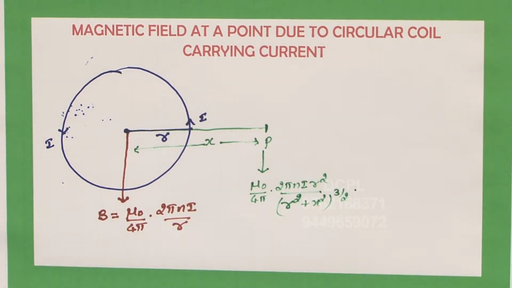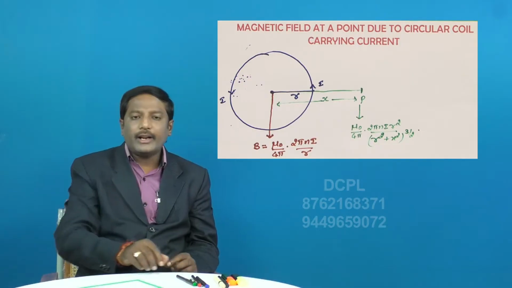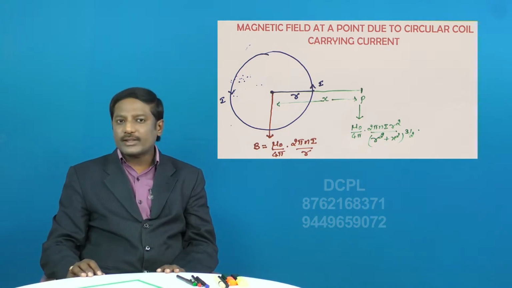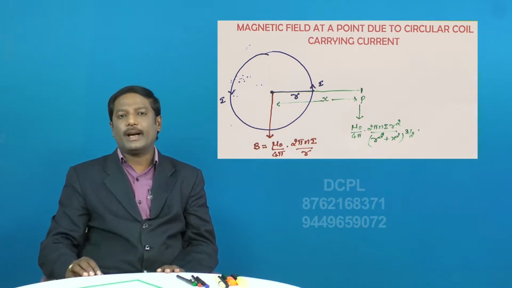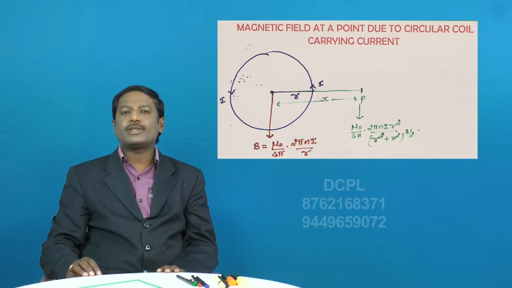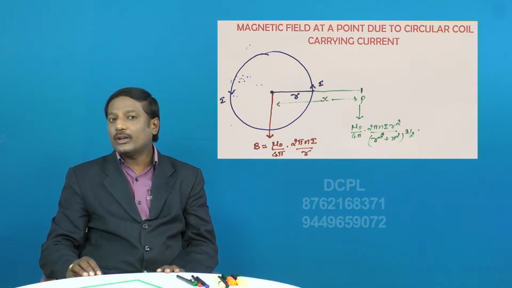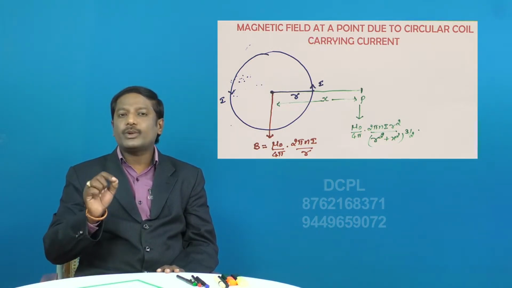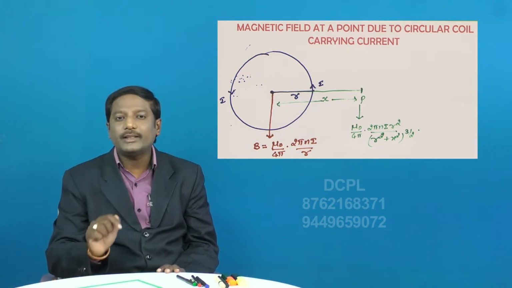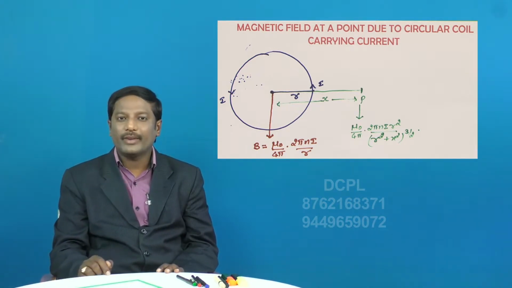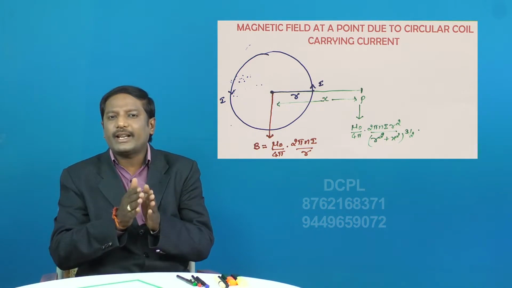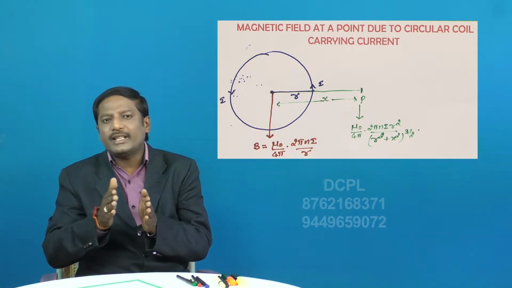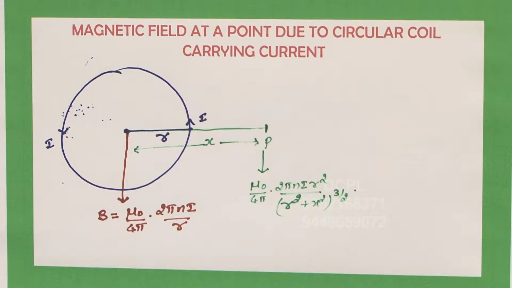So, the magnetic field along the axis and the magnetic field at the center of the circular coil, you can see this formula. Clearly, by using these expressions you can conclude the magnetic field produced is maximum at the center of the circular coil and the magnetic field decreases as the distance increases from the center of the coil.